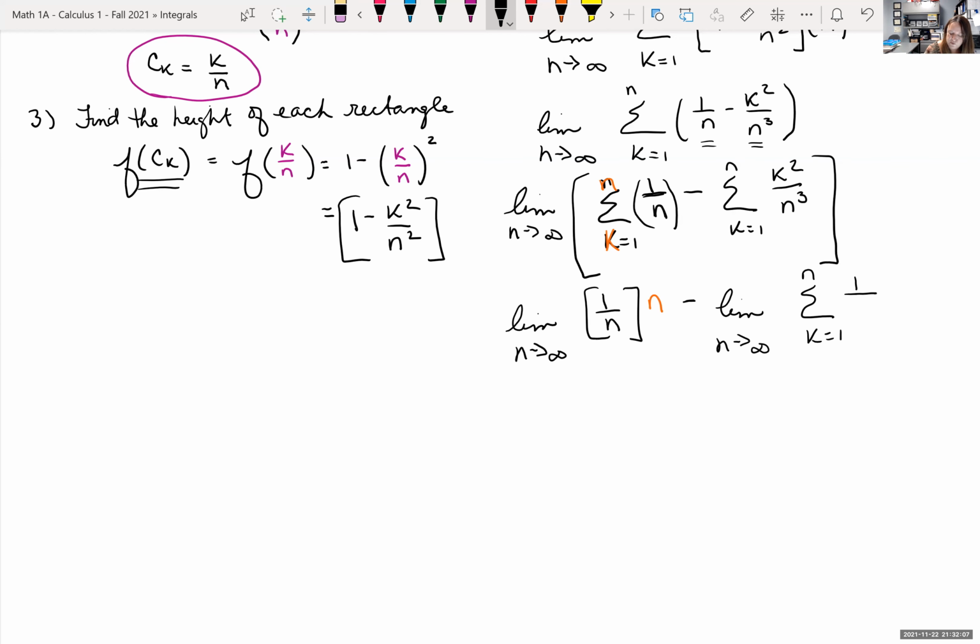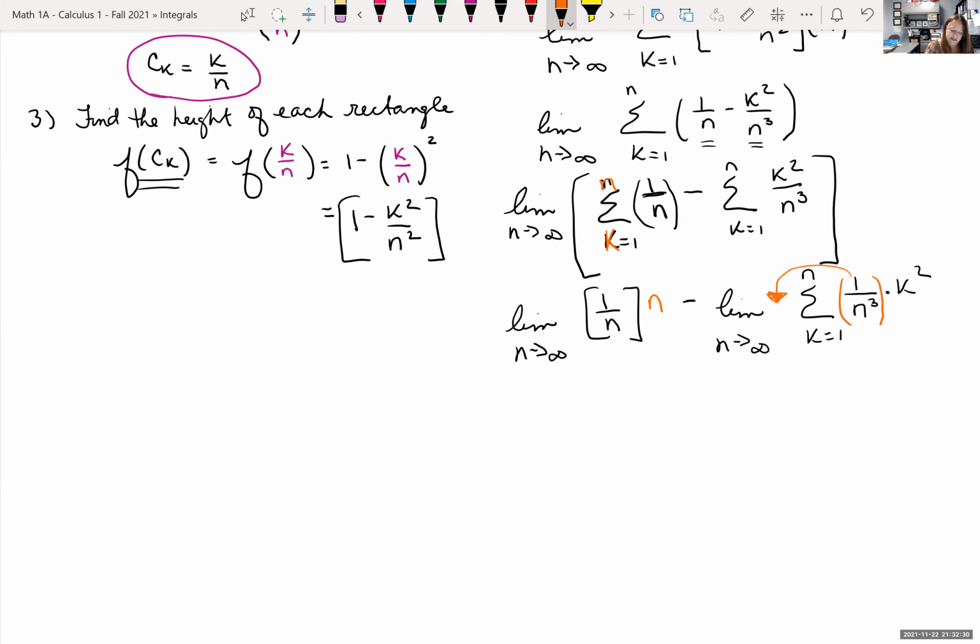Or think of this as 1 over n cubed times k squared. So this 1 over n cubed, again, is like a coefficient, so we can bring that outside of our summation by rules of summations.